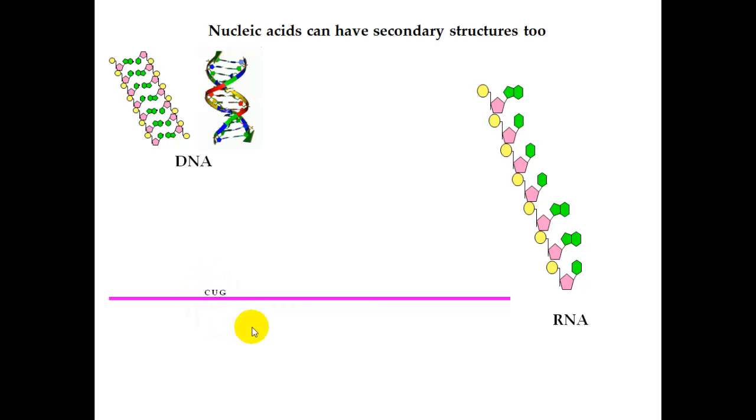And say that a little bit further down on the RNA molecule, you have a string of 3 nucleotides that happen to be CAG. G is complementary to C. That just means that they would form hydrogen bonds with one another if they happen to be in close proximity with one another. U, you might remember, is complementary to A. C, again, is complementary to G.